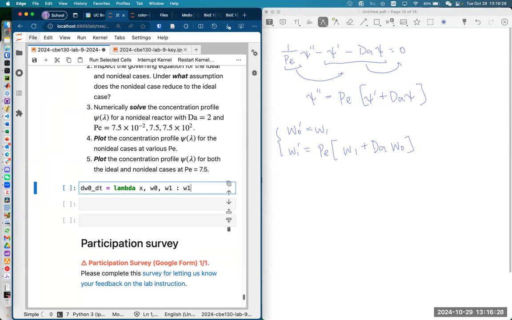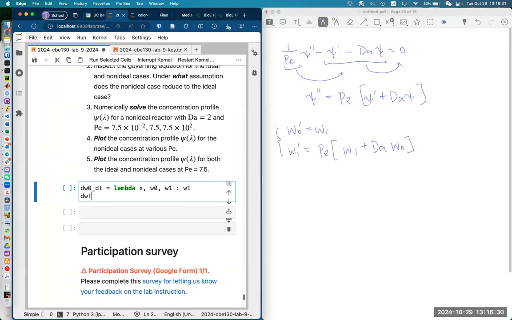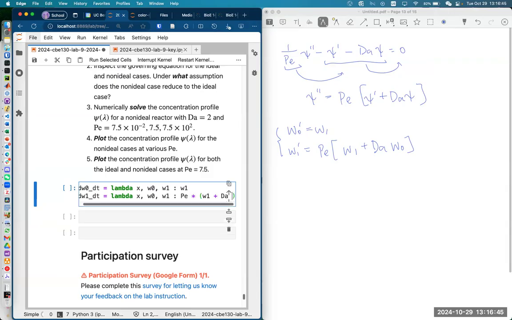It is equal to W1. dW1 dt is a lambda function of x, W0, W1, and it is equal to Peclet number times W1 plus dA times W0.